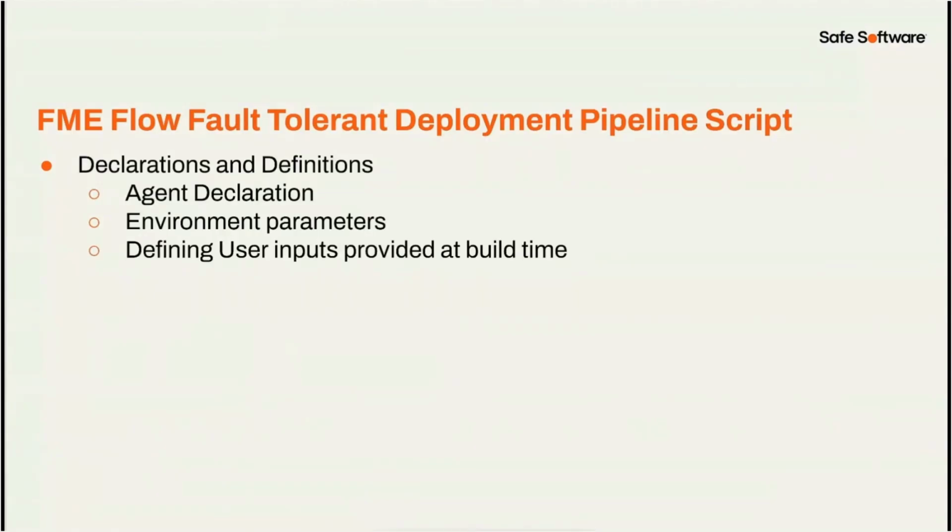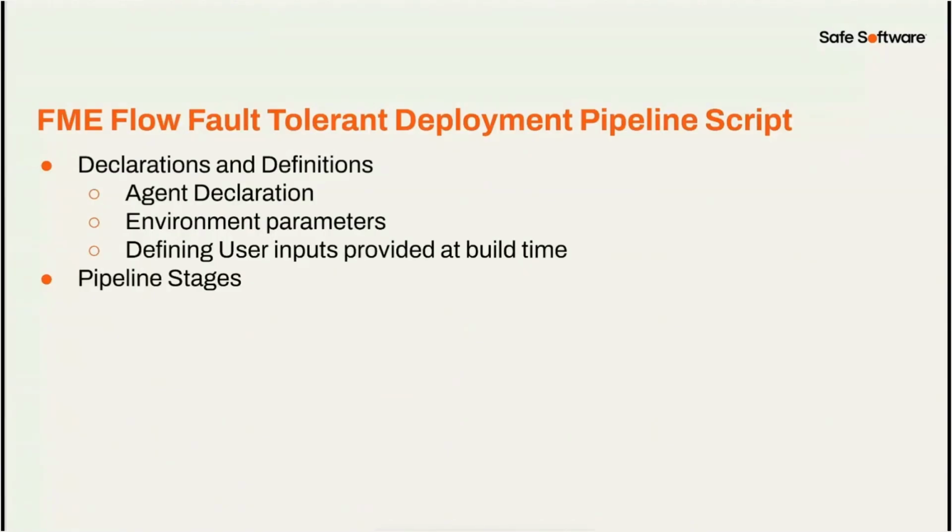So the user can choose between plan, apply, or destroy. And as the name suggests, it's basically related to what it does to the infrastructure on AWS. And we also provide the FME core and the engine AMI IDs that were created previously using Packer. So that's all provided during the build run.